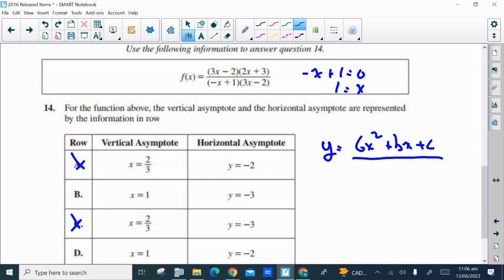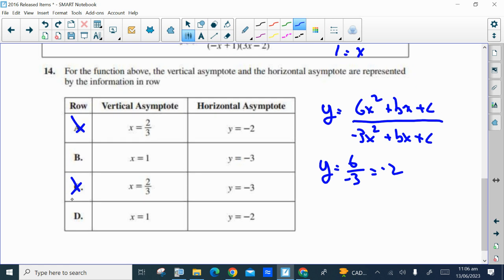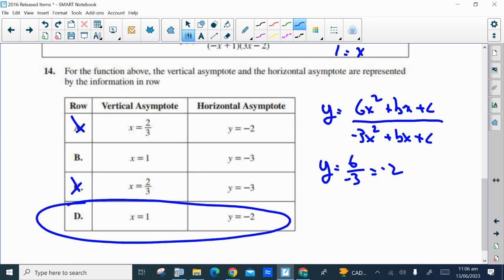When you multiply out the brackets on the bottom, the initial term will be found by going negative x times 3x. That's negative 3x squared. Again, there will be a bx and a c, but all we care about are the initial terms. Because when the degree of top and bottom are the same, the horizontal asymptote is found by just dividing the initial term coefficients. So the horizontal asymptote will be at y equals negative 2. And that's why D is the correct answer.